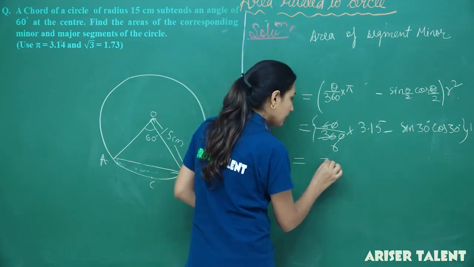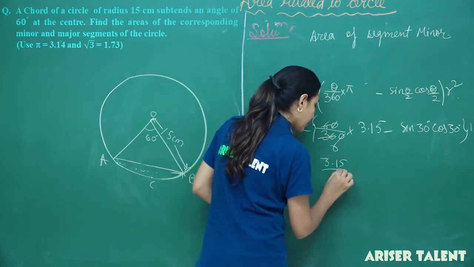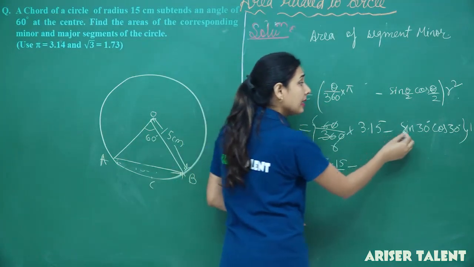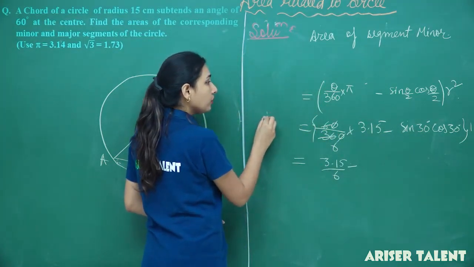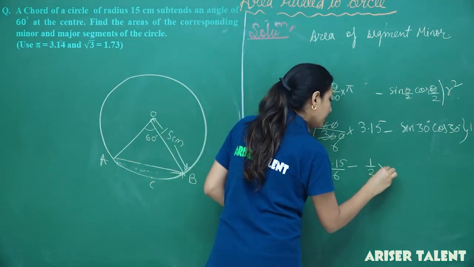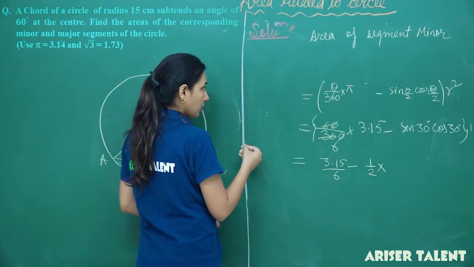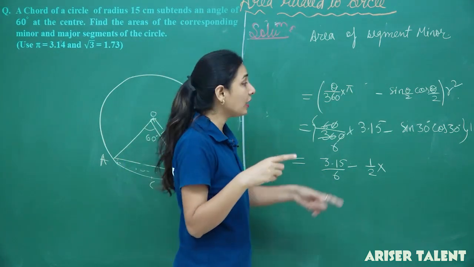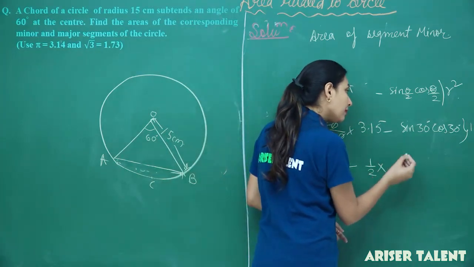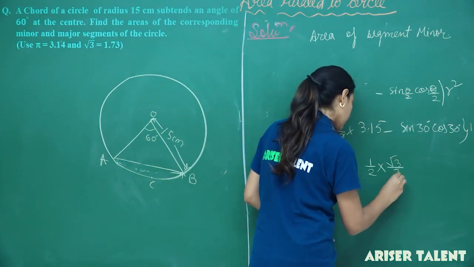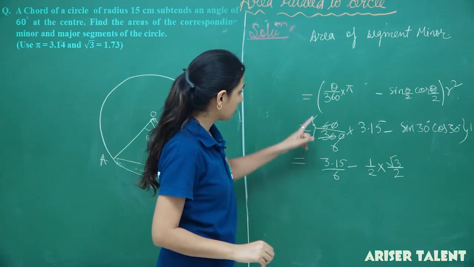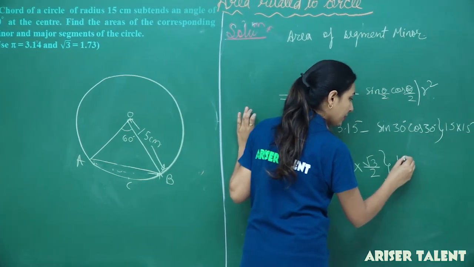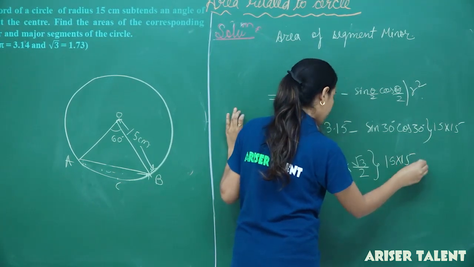So that will be 3.14 by 6 minus sin 30. 1 by 2 will be the value of sin 30, and root 3 by 2 will be the value of cos 30. Root 3 by 2 here, and that will be 15 multiplied by 15 here.